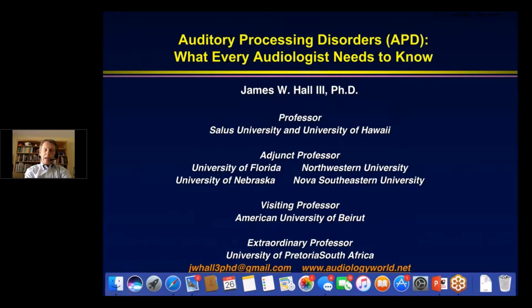I earned my master's degree in speech pathology at Northwestern University. And if I had time, I would give you a little historical perspective on auditory processing disorders, but to a large extent, they started at Northwestern University. And if you read what James Jerger has written about his interest in auditory processing disorders, it also goes back to Northwestern University.